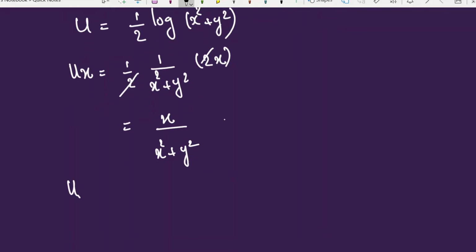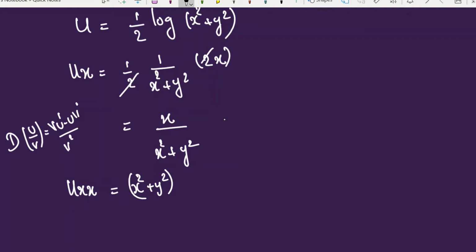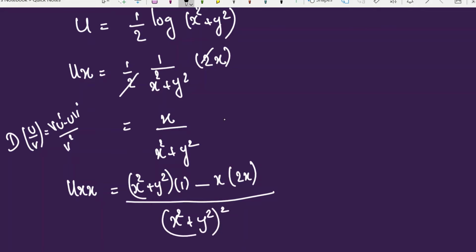Next, second order derivative u double x. Here you have to use the quotient rule of differentiation. What is the quotient rule of differentiation? u by v, v u dash minus u v dash divided by v square. So v is our denominator, numerator differentiation, x differentiation is 1, minus numerator times denominator differentiation, x square plus y square differentiation is 2x, divided by denominator square, v square.